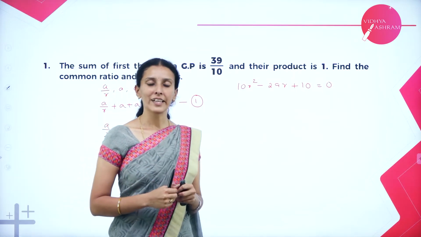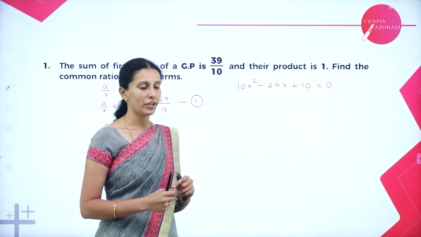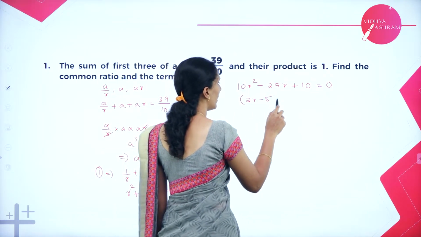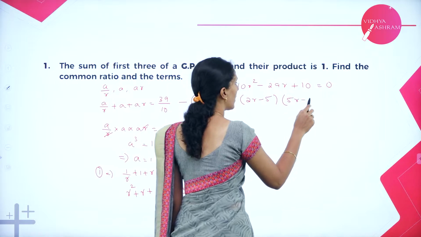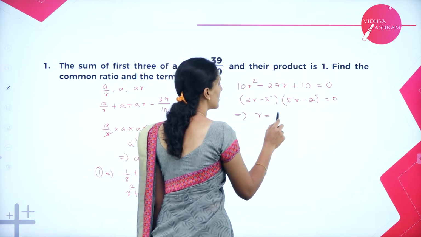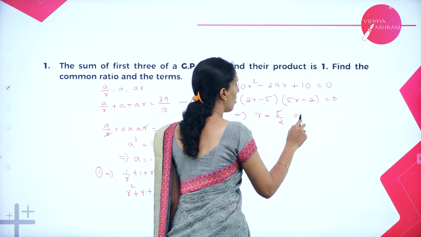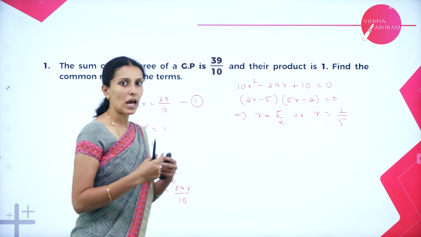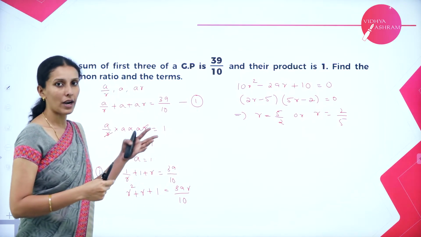So on solving this quadratic equation, we will get 2R minus 5, 5R minus 2 is equal to 0. So this implies R is equal to 5 by 2 or R is equal to 2 by 5. So we have got R as 5 by 2 and 2 by 5.